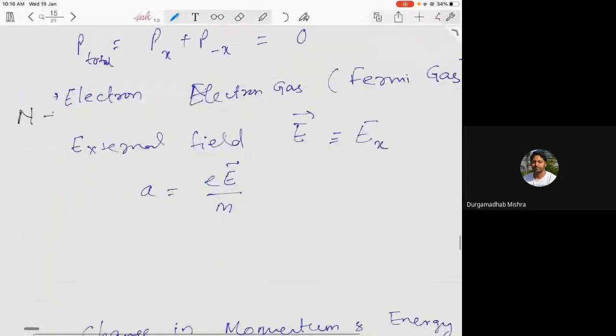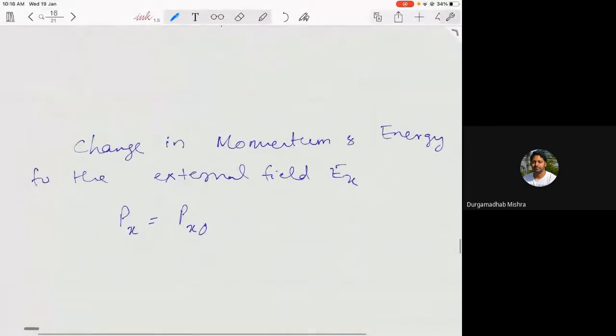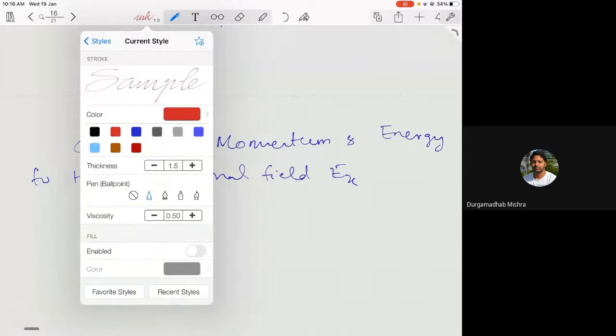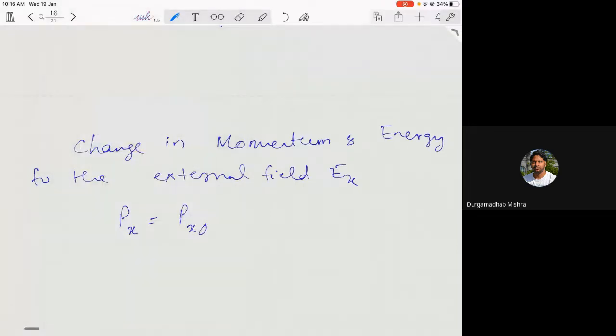Now if you apply an external field, this picture we are showing is a one-dimensional system, but the concept holds true for three dimensions as well. Although the mathematics is different and you need advanced knowledge of quantum mechanics, the concept and fundamentals are the same.